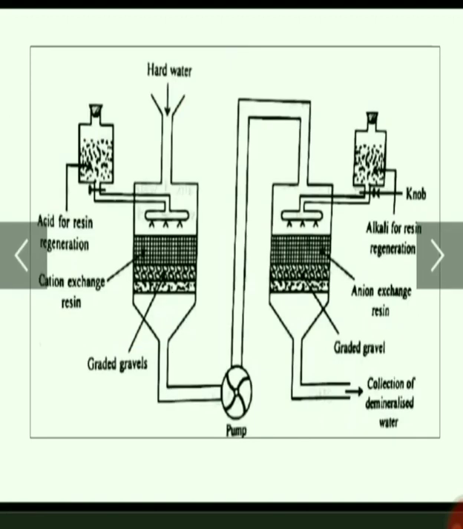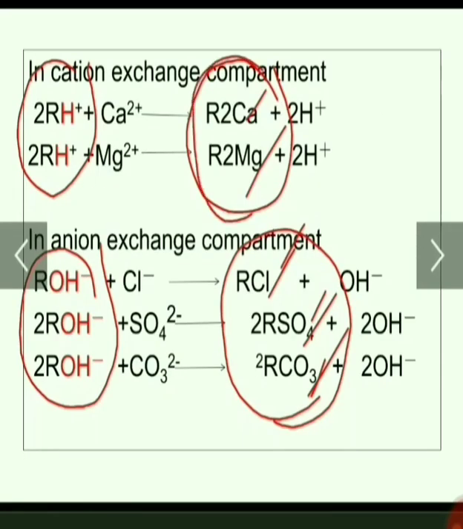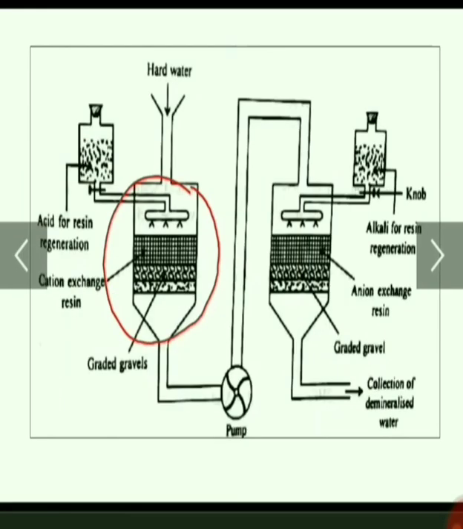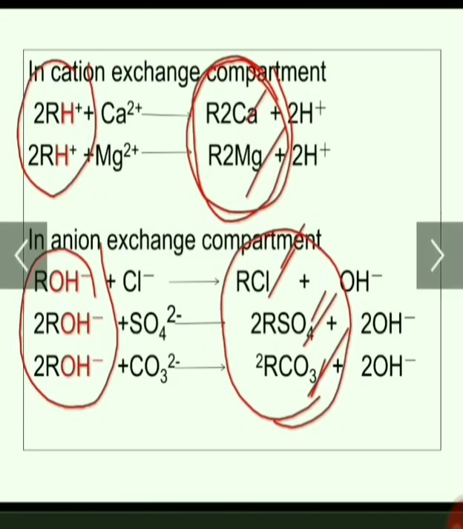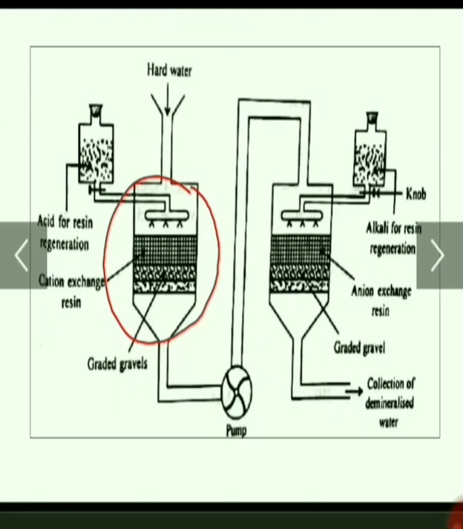So we can see here, this is the cation exchange compartment. These cation exchange resins are now used up, that is R2Ca and R2Mg. So what we have to do? We have to regenerate. To regenerate, you have to add acid, that is H plus. Here is another compartment filled with acid. To regenerate, you sprinkle acid.